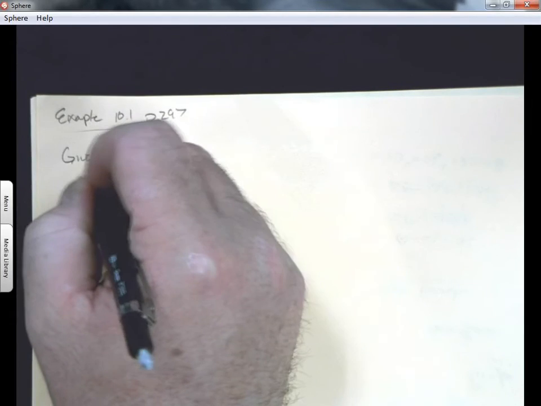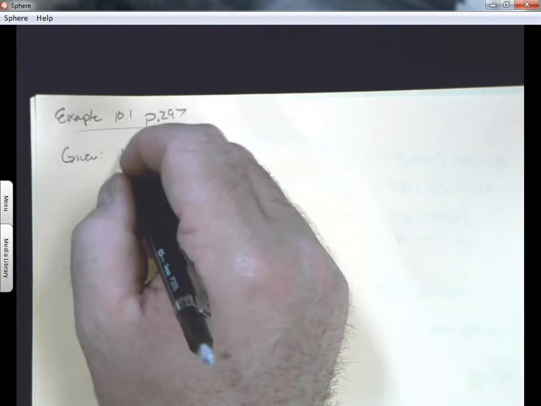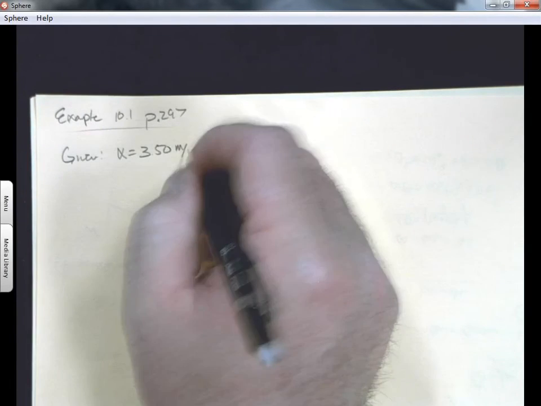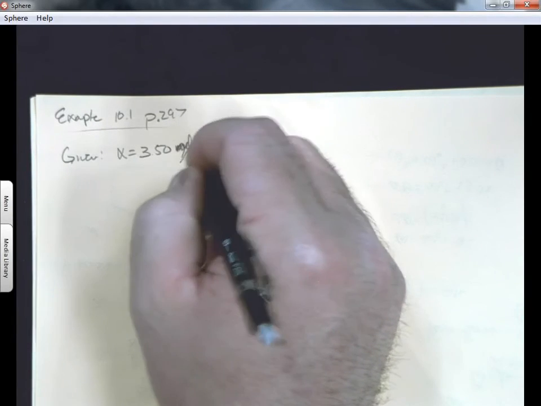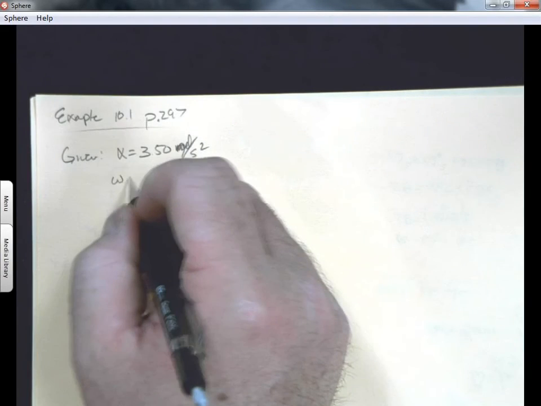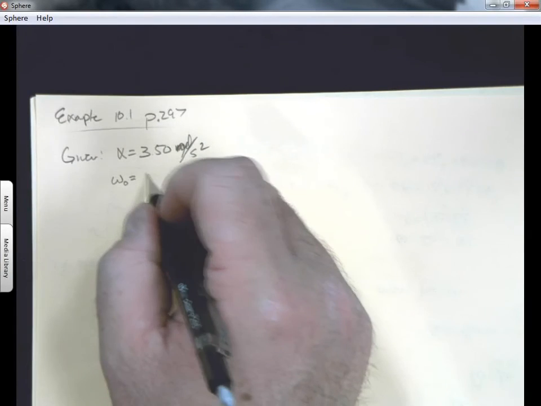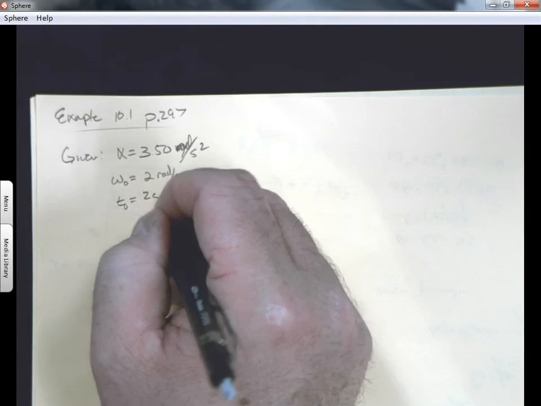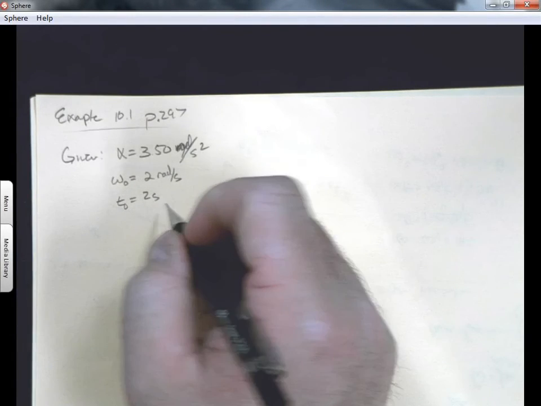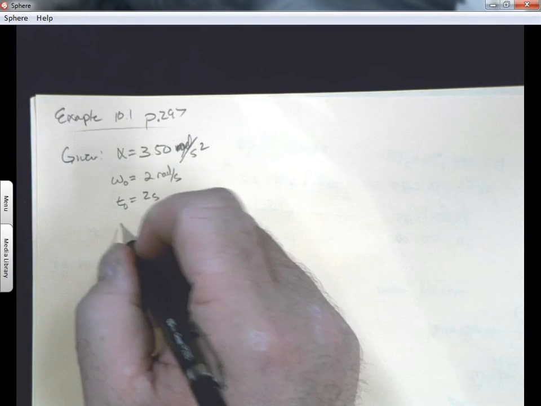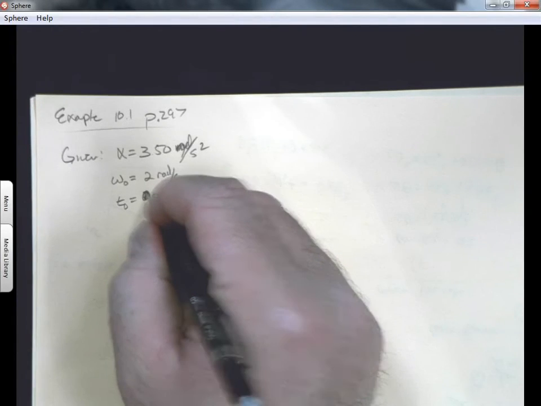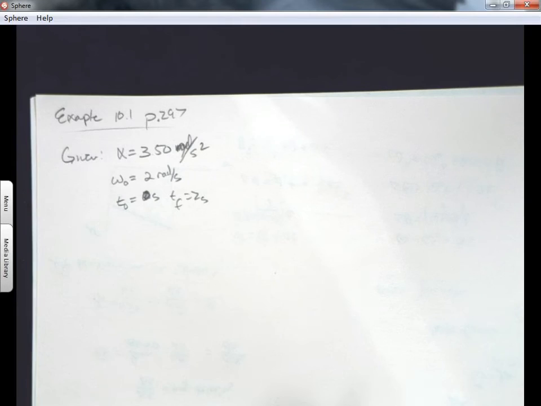Given a constant angular acceleration of 3.50 radians per second squared, an initial angular velocity of 2 radians per second, and an initial time t0 of 0 seconds, we're going to see how far it spins with t final equal to 2 seconds.